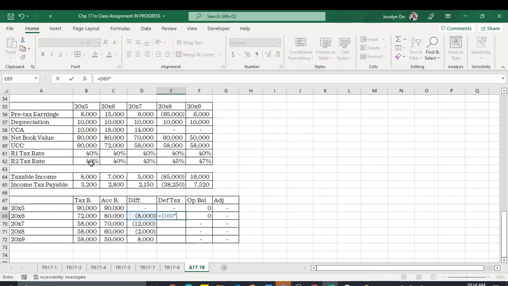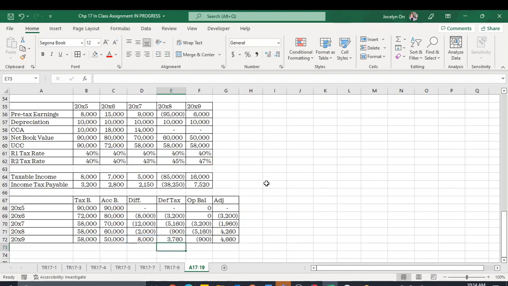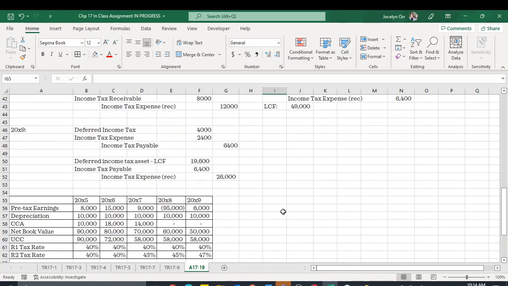So 8,000 times my tax rate for 20X6, 12,000 times my new tax rate for 20X7, 8, and 9. Okay, so we can see the differences that happen based on those different tax rates.